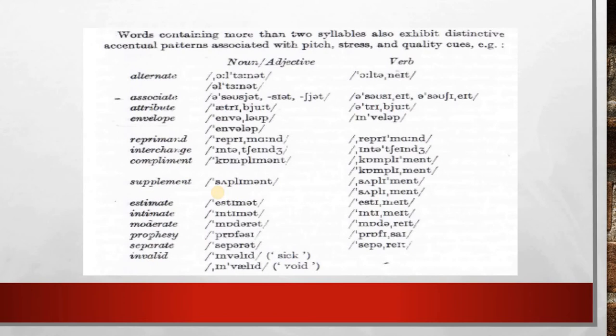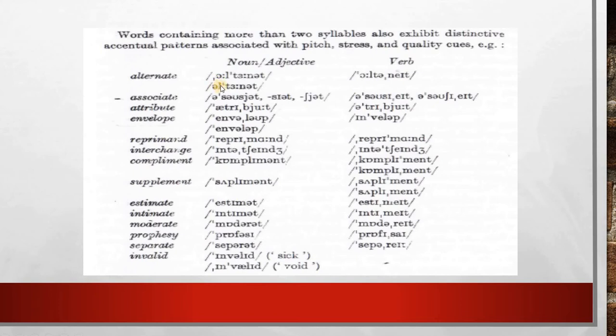Also here, when it changes to be a verb, the noun is stressed on the second syllable, and when it is a verb, it is stressed on the first syllable. So the first syllable takes the long O. Yes, it is in the case of the noun here. Yet normally it has two pronunciations. This is just an exception.